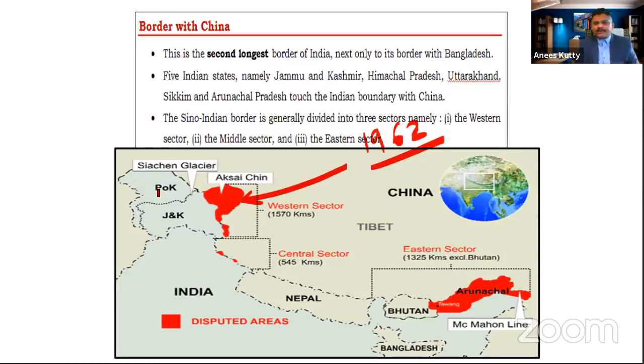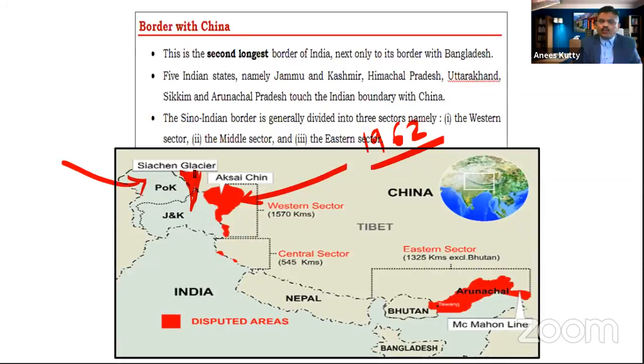Again, this is Pak-occupied Kashmir. At the time of independence, it was occupied by the Pakistan military along with their disguised people. Now here is the most important portion. This is known as the Siachen Glacier. And what is the MCQ regarding the Siachen Glacier?